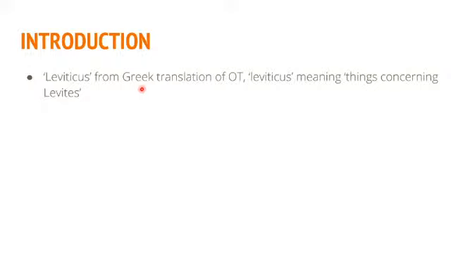But in the LXX, or the Septuagint, right, it referred to this book as Leviticus in the Greek. So that's actually a Greek word, and that Greek word means things concerning the Levites. Remember, the Levites were those, we learned just prior, who were given the task of helping out the priests in terms of the ministry and the affairs of the tabernacle.